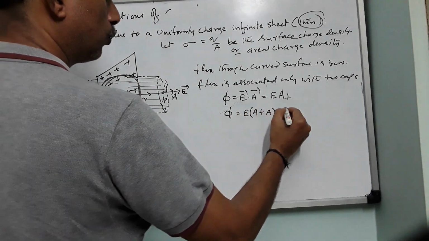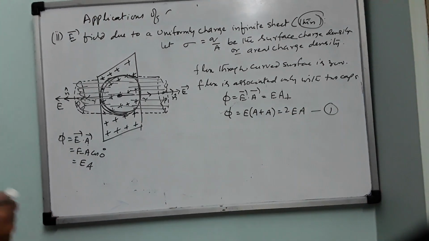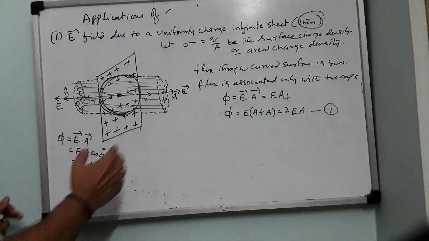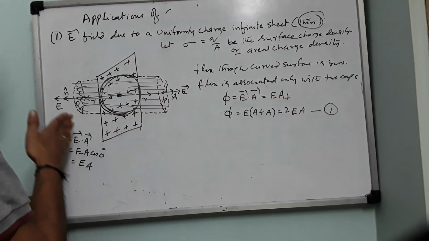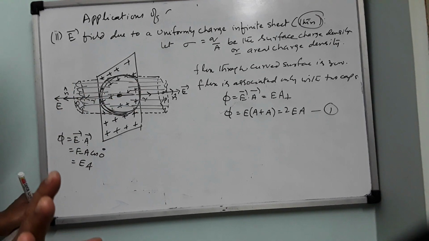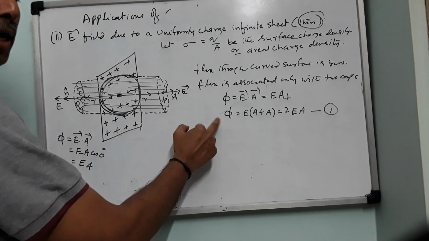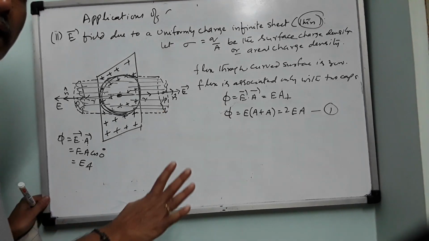So we will write 2 into E into A, equation 1. Don't think that this is along the positive x direction and this is along the negative x direction, so don't they subtract from each other? No, it is not a vector quantity where we see the direction, it is a scalar quantity. Flux is a scalar quantity. So simply it will add up.